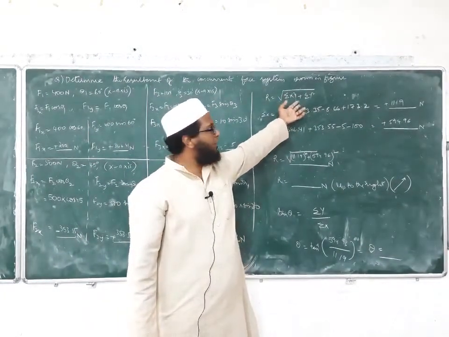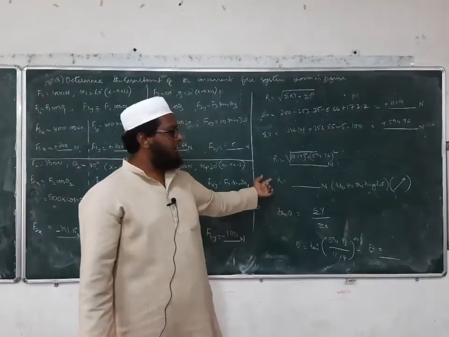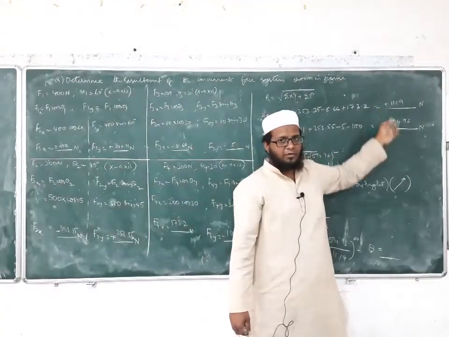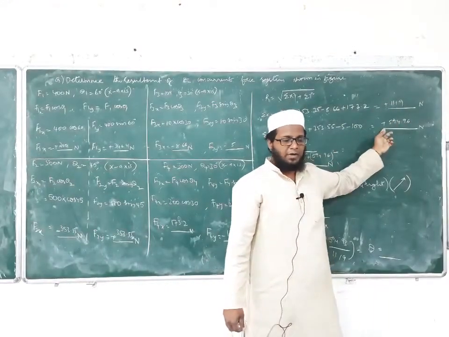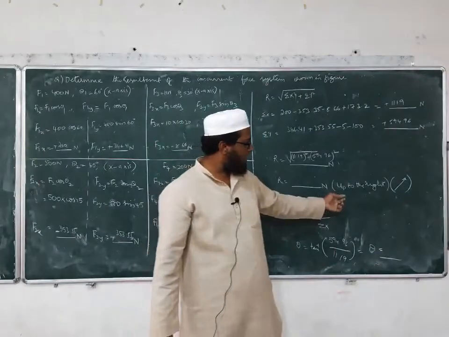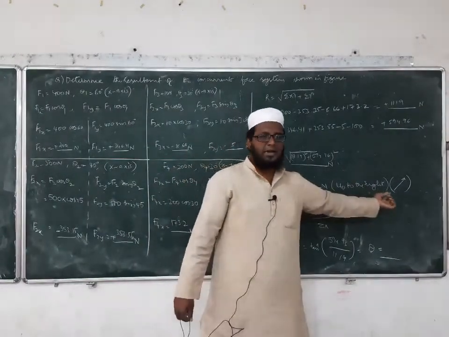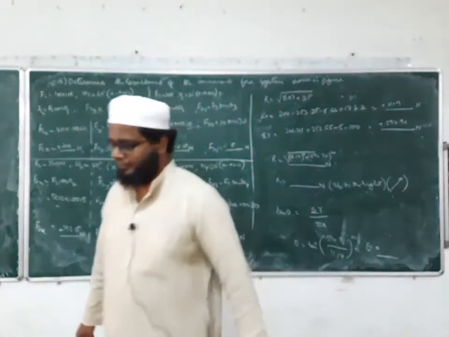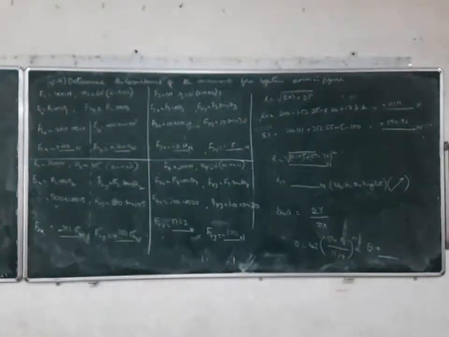With the help of those components we have calculated the resultant, and the direction of the resultant we can identify with the help of these values, sigma x and sigma y. After that, if you want to calculate theta also, the magnitude we have calculated, and the direction, and even the angle also. Okay, right, copy down.